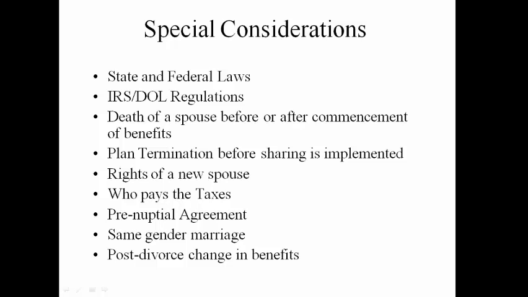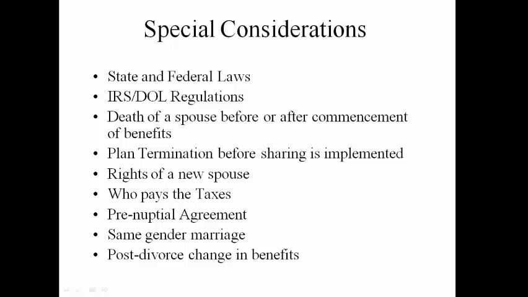There could be a new spouse. It's not atypical to find that after a divorce, one or both spouses remarry. In splitting the assets in a divorce, if the date of commencement of the sharing is later and there's a remarriage, there can be no redundancy. The plan can't pay two benefits.